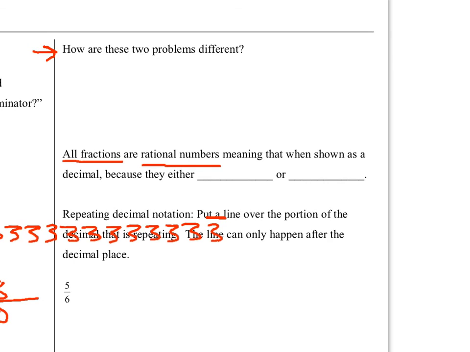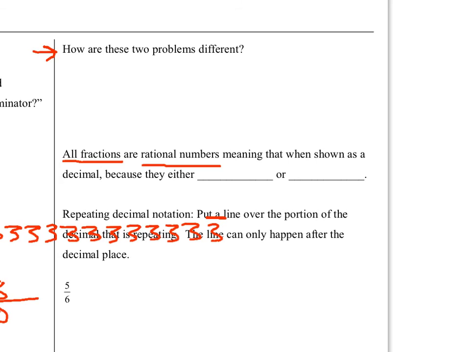So there are some numbers that have a pattern of 9 different digits or more for their repeating pattern. We're not going to run into any of those today. I'm not going to make you do any of those today. But it happens. All fractions will either repeat or terminate.